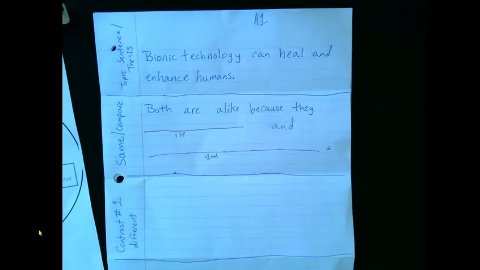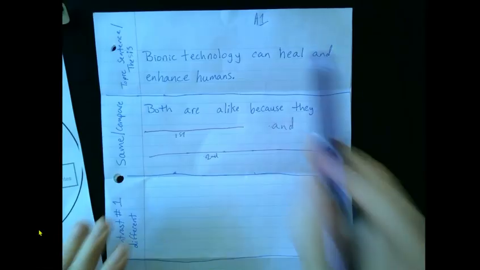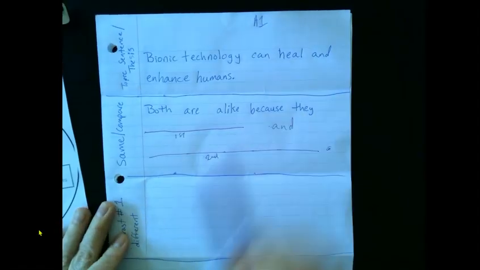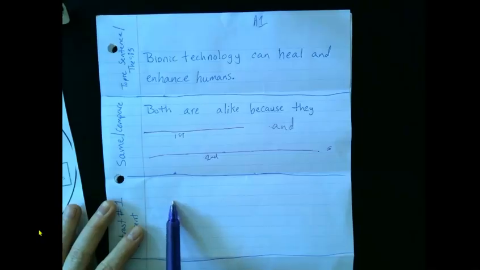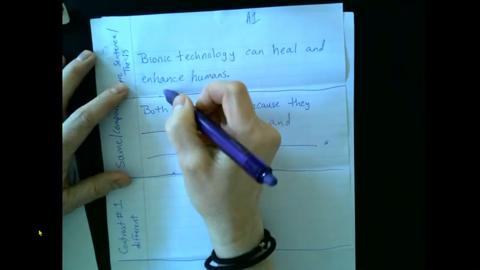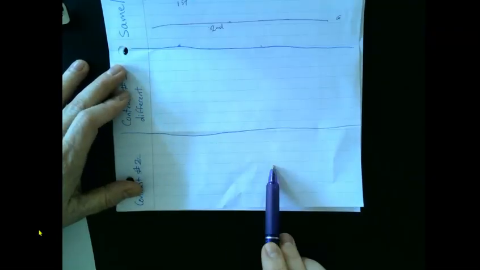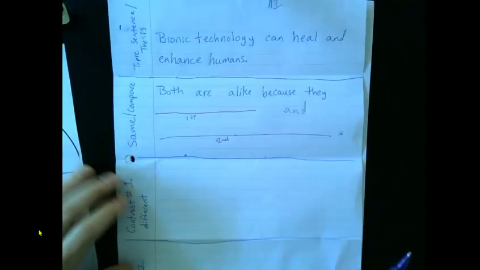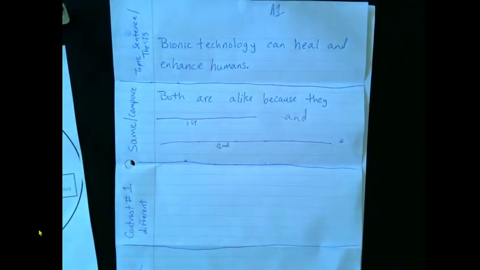Since we said heal first, we need to talk about heals in this sentence. And since we said enhance second, our last sentence should be about enhance. All right, so let me scoot down here. How are they different?